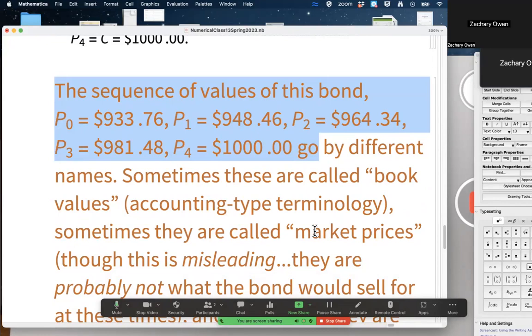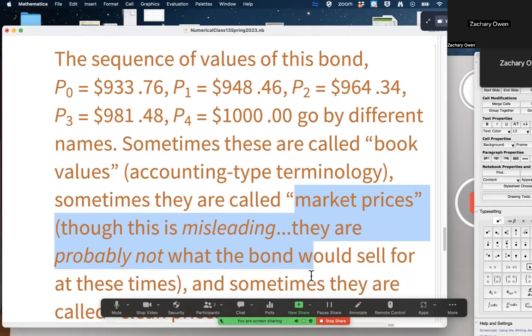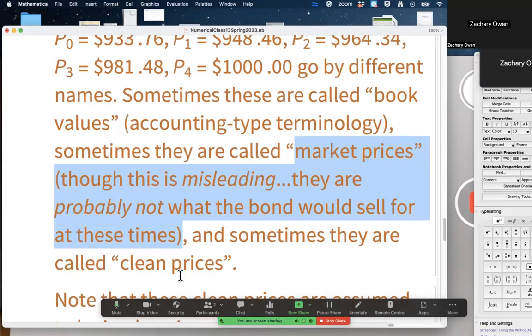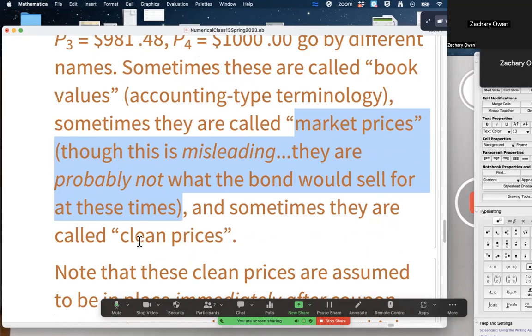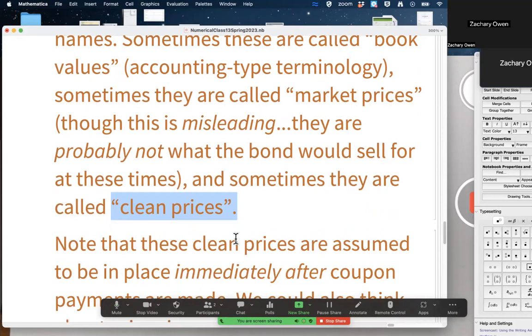I kind of think it makes no sense to call these things book values because it is an accounting thing. Though sometimes they're actually called market prices, but that's misleading. I have found they're sometimes called market prices. I think that's kind of crazy. I will call them book values. But also I will call them, another common term is clean prices. If there are clean prices, does that mean there are dirty prices? Yes, it does.